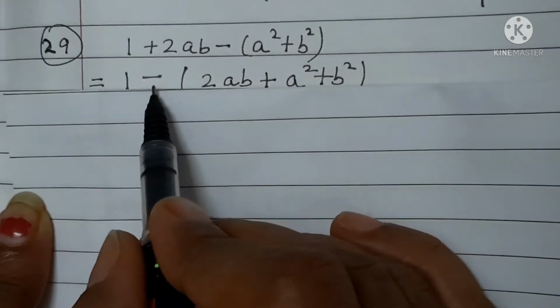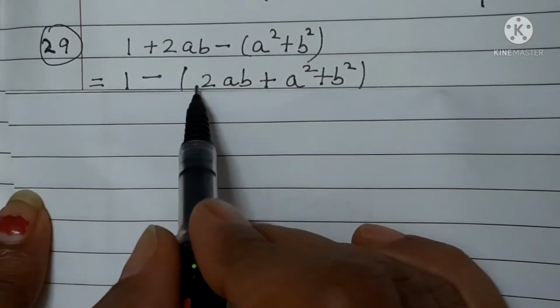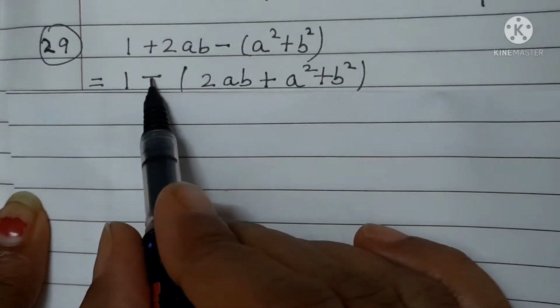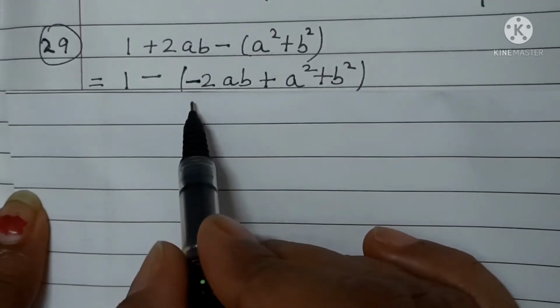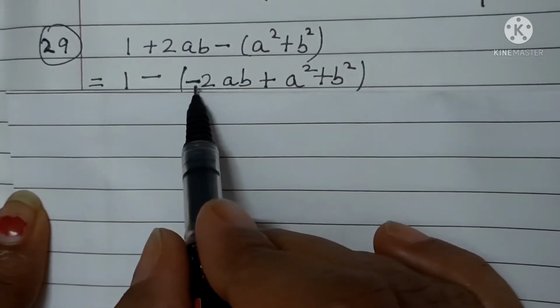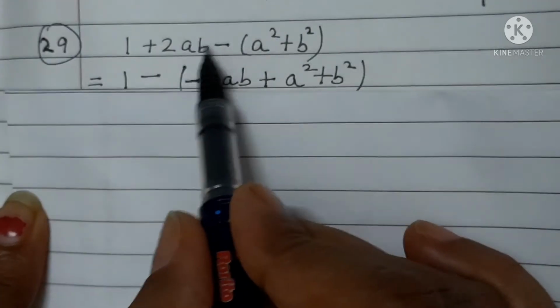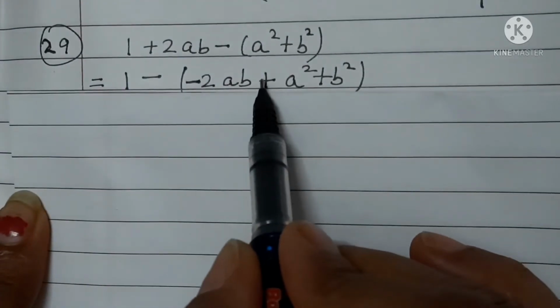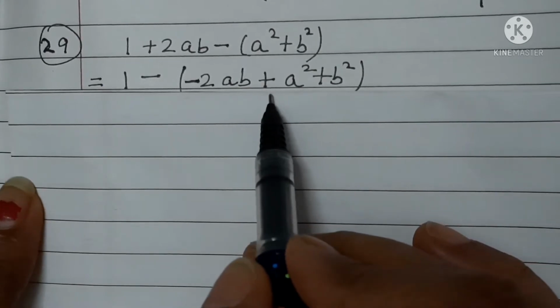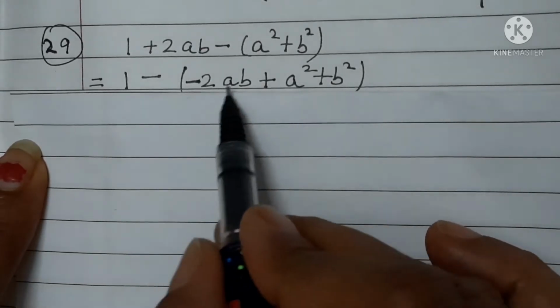If you take minus common, then this term will be negative because minus minus plus. So don't make this mistake, this minus is common and this is plus. Now this is a minus b whole square.